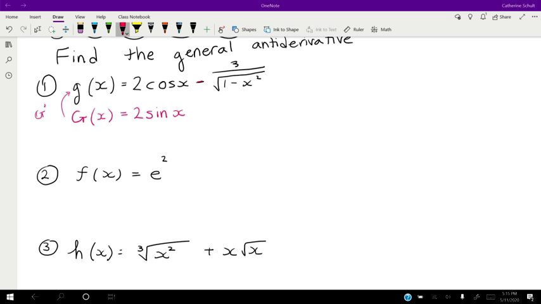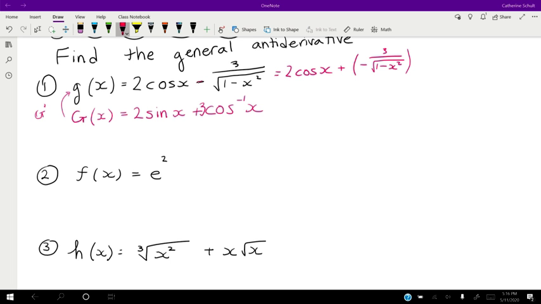So we can think of this next part 2 ways. We can think of it like this, because subtraction is like adding a negative. And if we think of it like that, well, the derivative of negative 1 over the square root of 1 minus x squared is the inverse cosine. Okay, let me stick that 3 in front as well. So we can do it like that, plus the opposite.